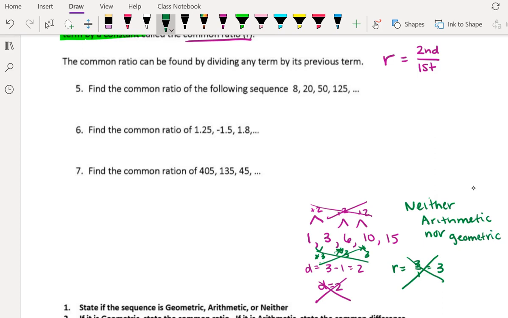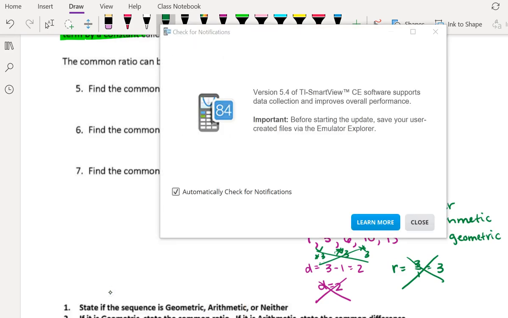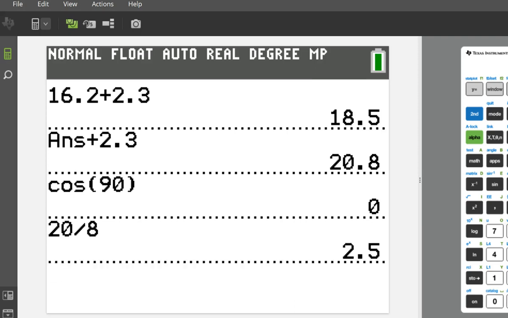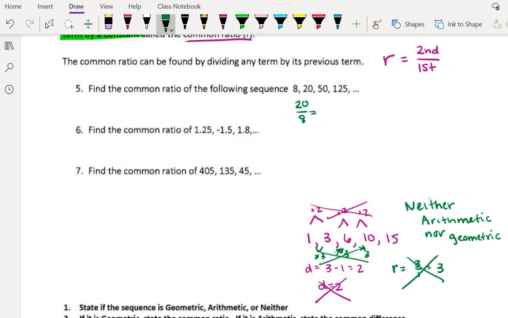But if I look at my ratio of my second divided by my first, find the common ratio. So I'm going to take 20 divided by 8. If I open up my calculator here, 20 divided by 8, I get 2.5. So this is 2.5.